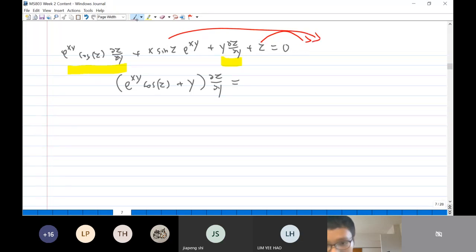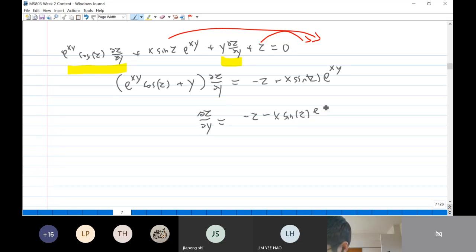So you get minus z minus x sine z e^(xy), so that you get the partial differentiation of z with respect to y as minus z minus x sine z e^(xy) over e^(xy) cosine z plus y. Okay, so this is how to do example 9.